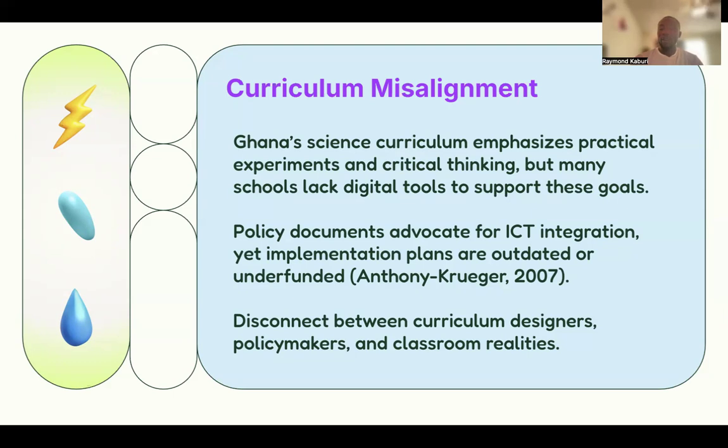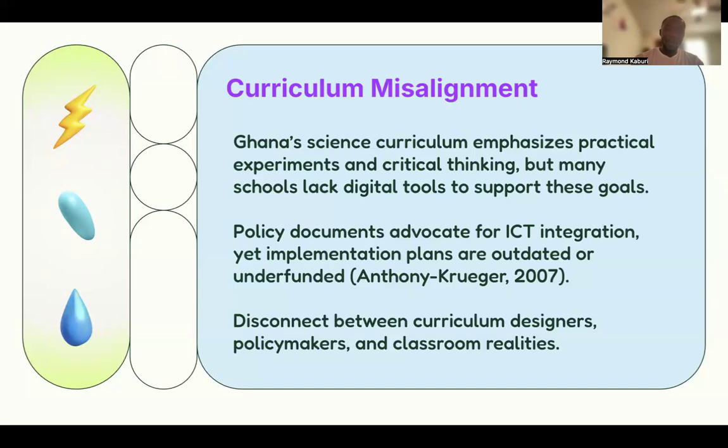Policy documents advocate for ICT integration, yet implementation plans are outdated or underfunded. There is no money, and that is a bigger problem. We need money to buy computers, to supply internet, and for infrastructure, and they are all underfunded, even though they want integration of technology to be done.